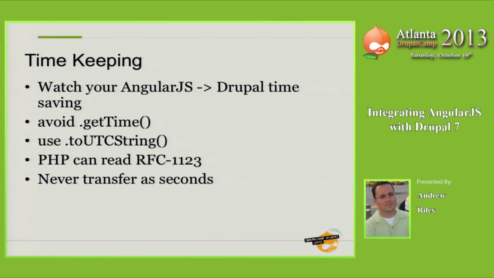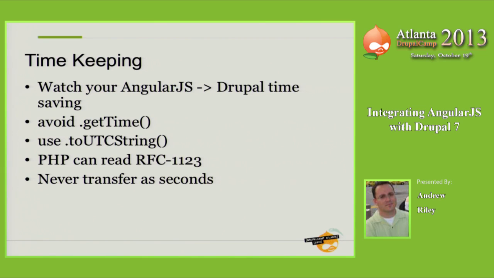Another thing that we found, always dates and times are just never fun to work with. They always come up with weird things. But if you're going from Angular or JavaScript, this isn't necessarily Angular specific, watch out when you're saving from JavaScript to Drupal. On your date objects, you want to avoid your getTime call that dumps it out in milliseconds since 1970.